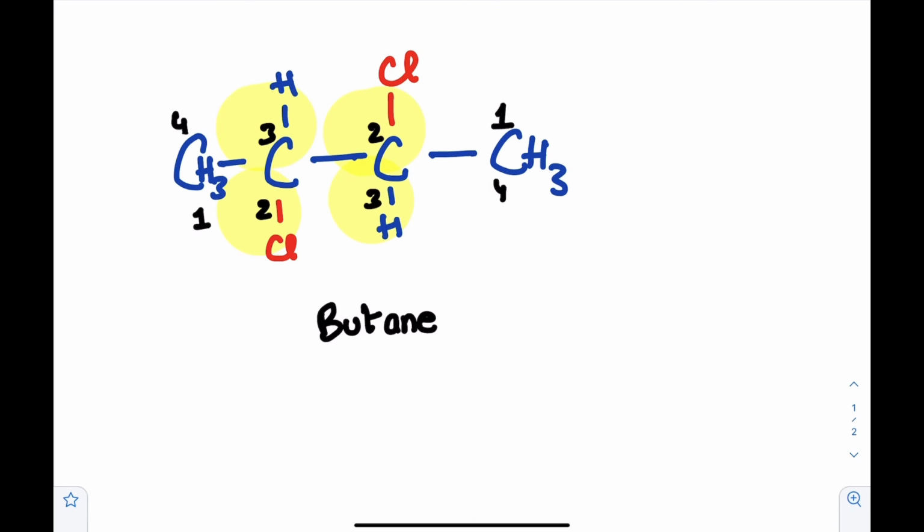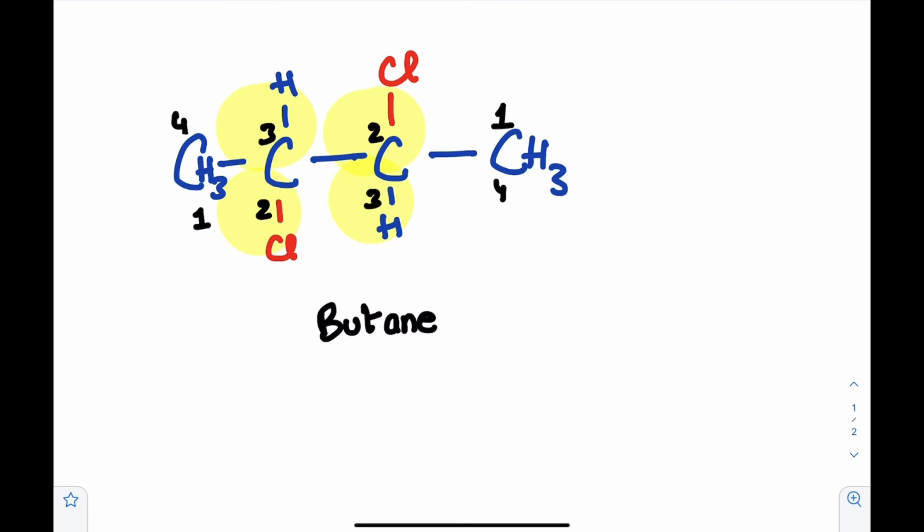It doesn't matter which chlorine gets 2 and which gets 3, because both of them are chlorine at the end of the day. It also does not matter in terms of other substituents. Even if one of them was chlorine and one was bromine, it doesn't matter who gets the lower number, as long as you are giving the lowest possible numbers to the substituents. Okay, so we're going to name this now.